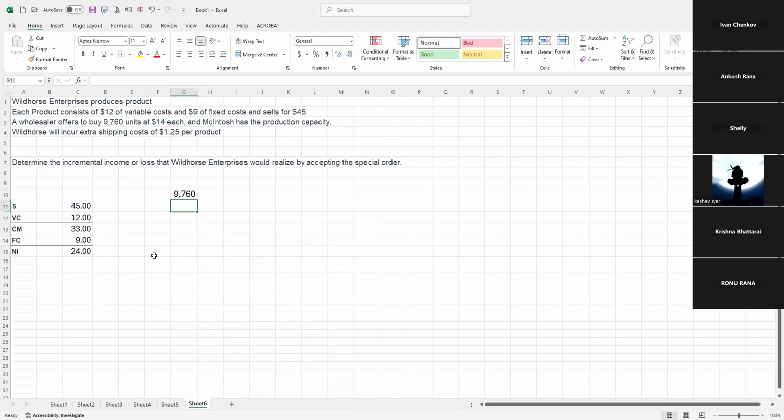Now, what was the decision here? They want a sales price; they're gonna pay us $14. Let's forget about the fixed cost, no contribution margin for it is needed.